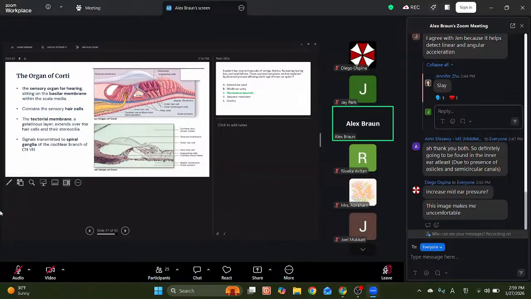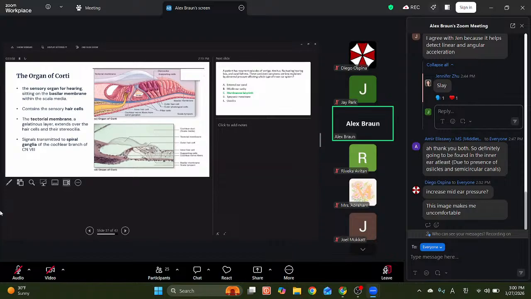And when there's shaking of the hair cells, vibration of the hair cells, because the sound wave is being transmitted to the fluid media of the cochlea, the stereocilia get displaced with respect to the tectorial membrane, and that initiates a neural impulse.